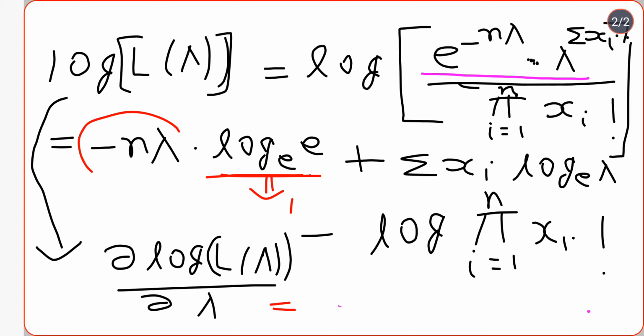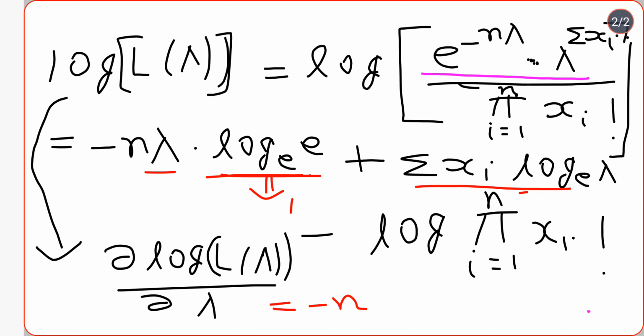This term has a minus n lambda only, and if we do the derivative of minus n lambda, what will we obtain? We will obtain that minus n will be present only, because whenever we do the derivative of lambda with respect to lambda, that turns out as 1, so it will not be present. So lambda will be gone, we have only minus n from here.